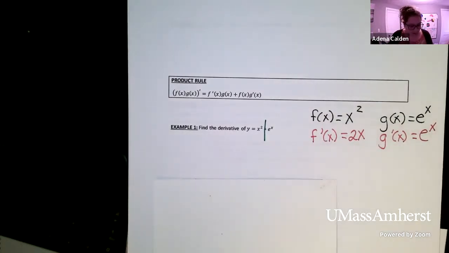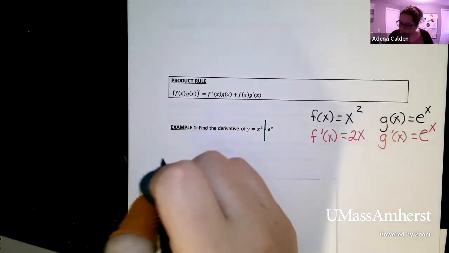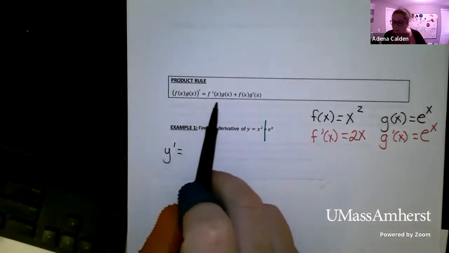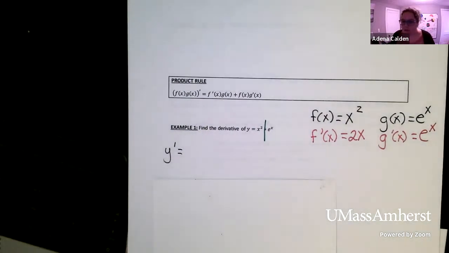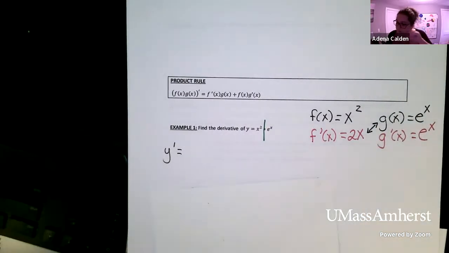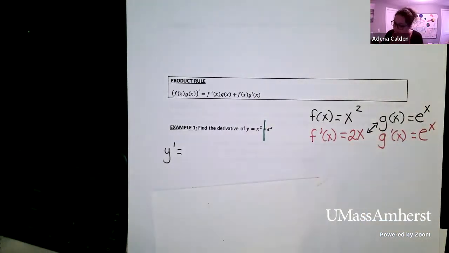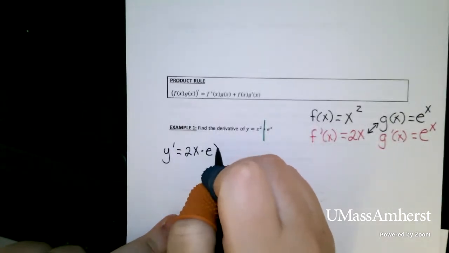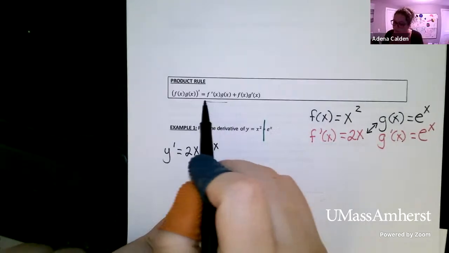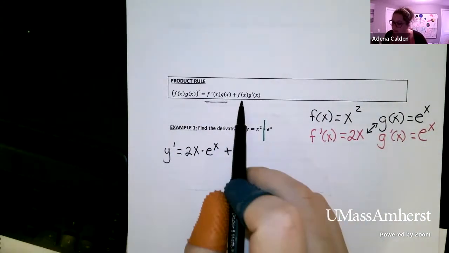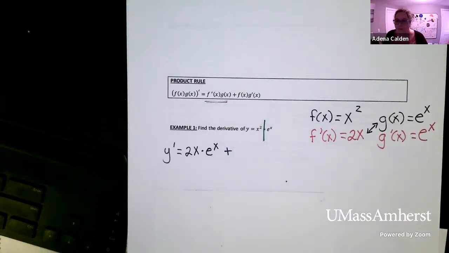So here, I was doing the derivative of y equals, so I'm looking for y prime. And so my rule says f prime times g. So I have f prime times g. So that's going to be 2x times e to the x. That's that first part of the formula here. And then plus, now I'm going to do f times g prime.